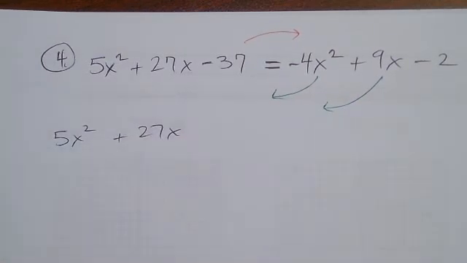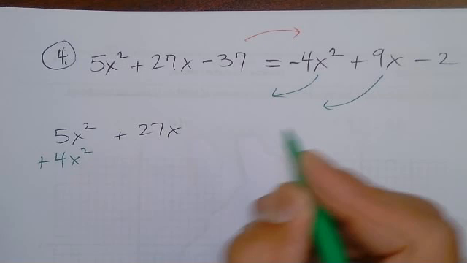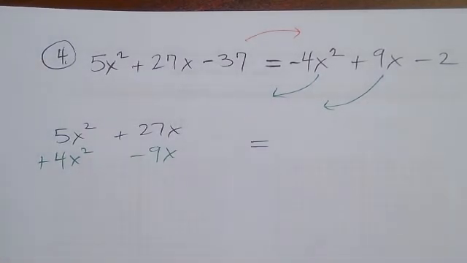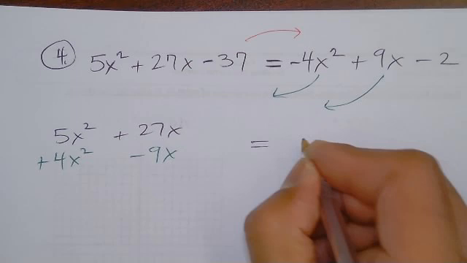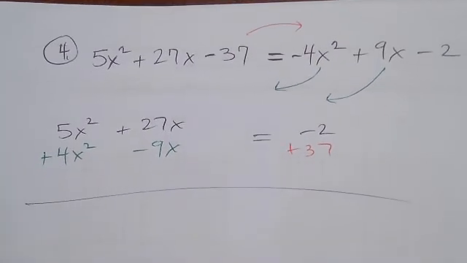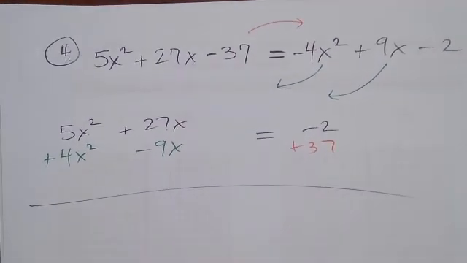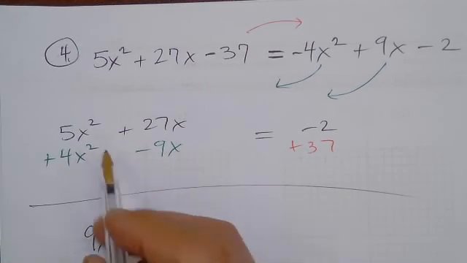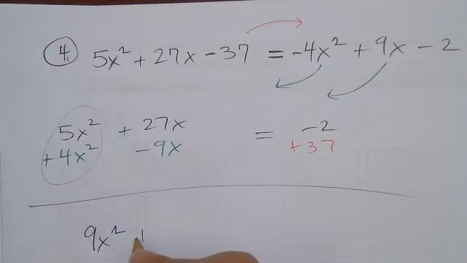So that's going to be 5x squared plus 27x, which was already there, and coming this way is a plus 4x squared and a minus 9x equals, and I already have a negative 2 over here, and what's coming over here, a plus 37? You guys agree?